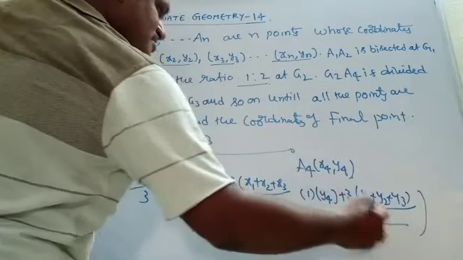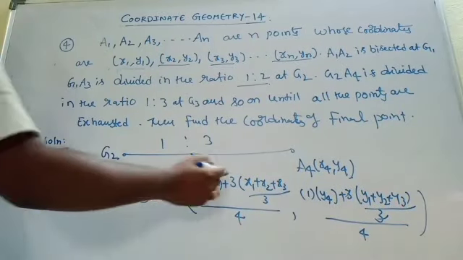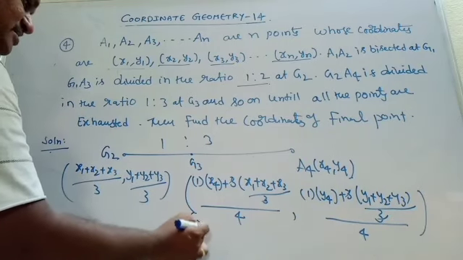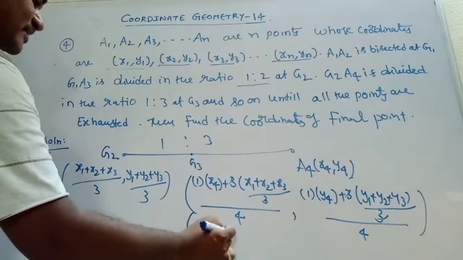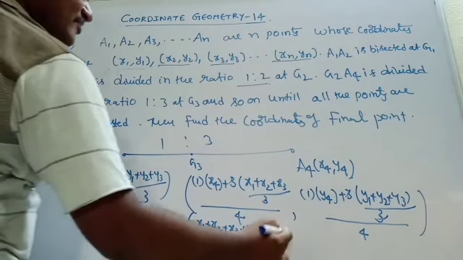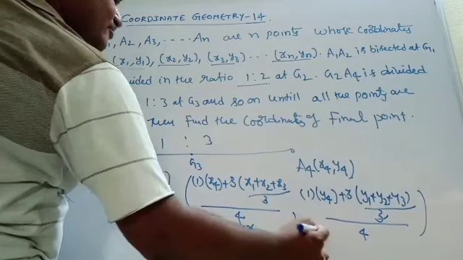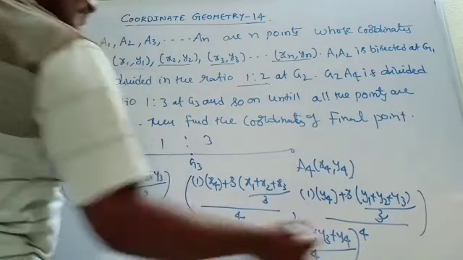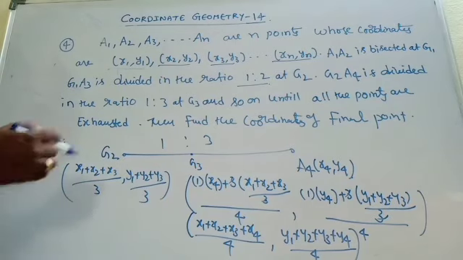This 3 will cancel, and this 3 also will cancel. Now you have got wonderfully the point (x1 plus x2 plus x3 plus x4) by 4, and (y1 plus y2 plus y3 plus y4) by 4. Now we have got G3 like this.